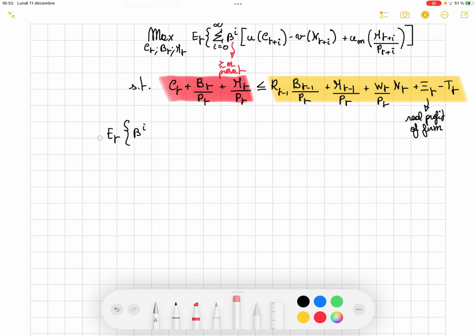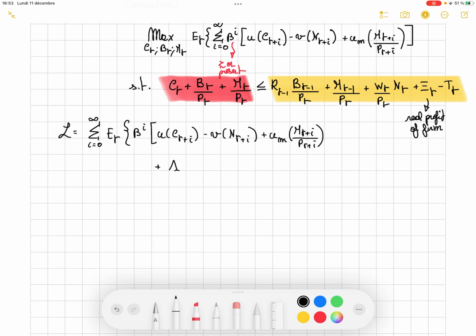So of course the sum of all this expression between 0 and infinity of the expectation of beta exponent i multiplied by the utility of the household, okay?